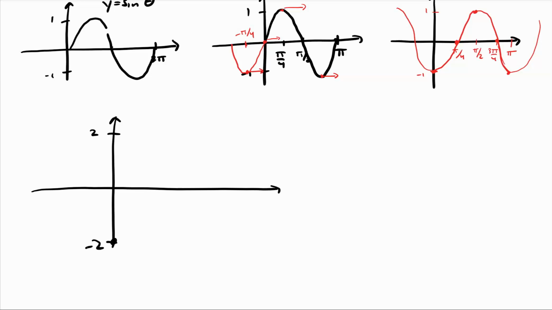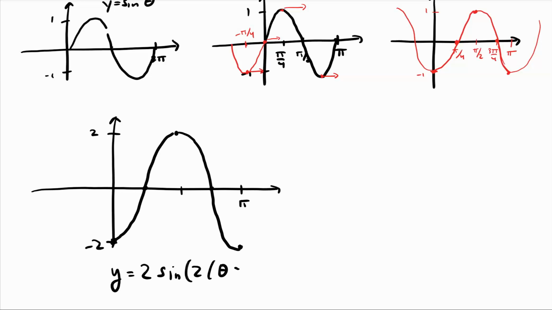So we start here. Let's say this is pi. We end here at pi over 2. We're at 2. In between, we're at 0. There we go. So one period again, and this is y equals 2 sine of 2 theta minus pi over 4.